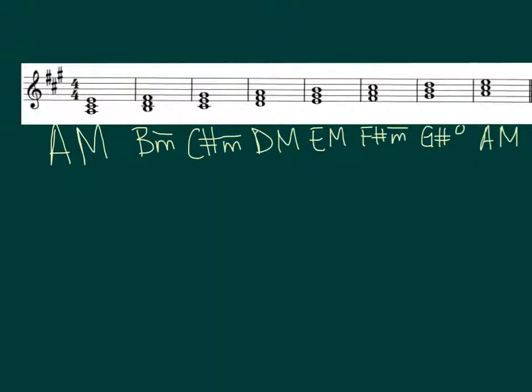Before we move on, write on top of the staff the root note, or the lowest note, of the chord. So in this first case here, notice that the lowest note is what? A. So write A on top of the staff. And continue going on this for the rest of the chords.